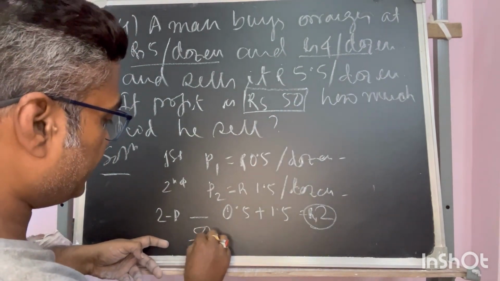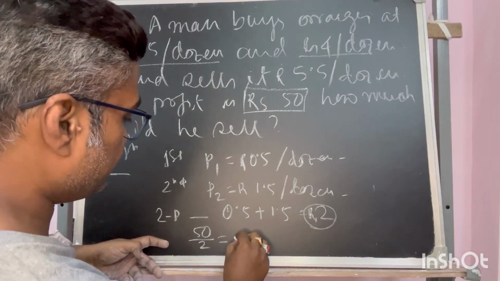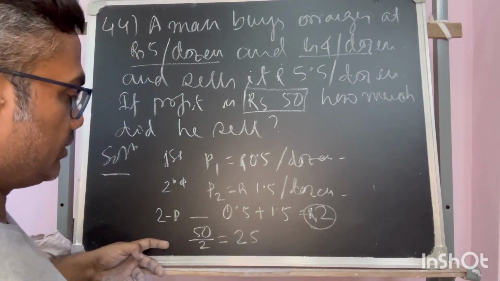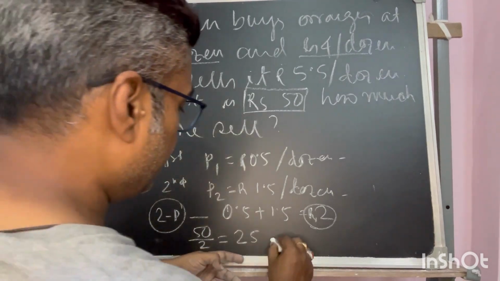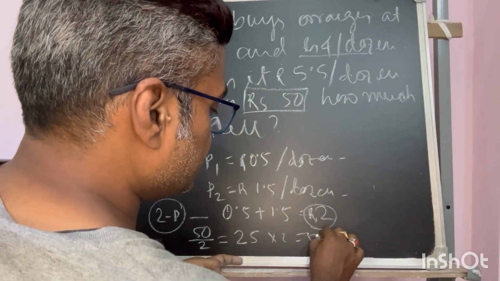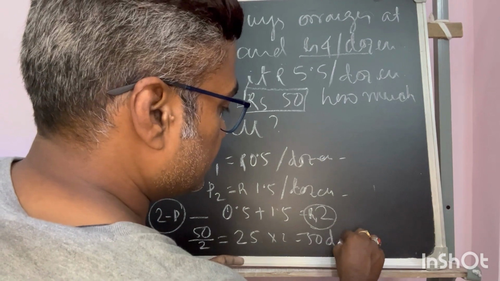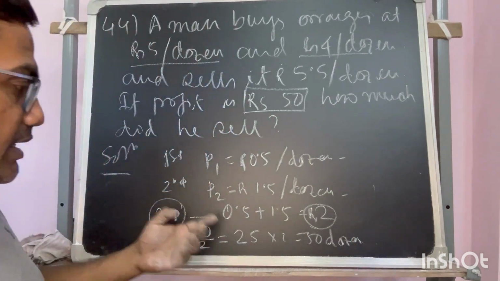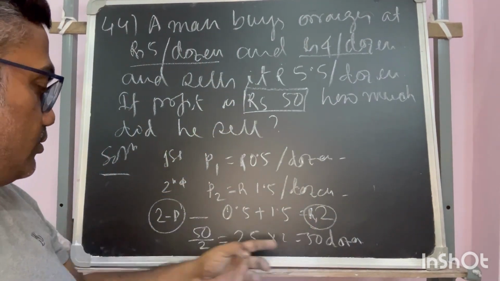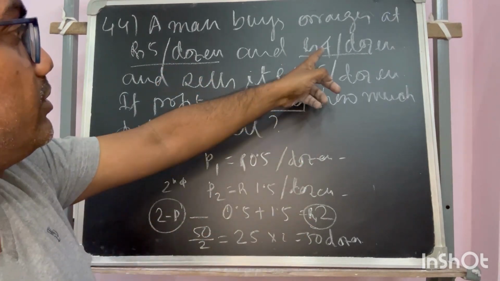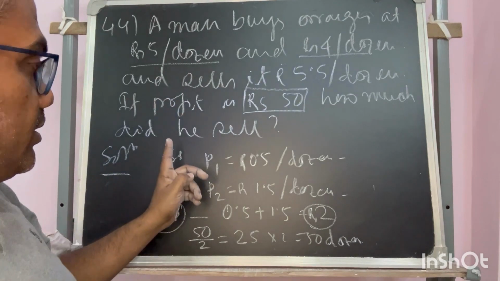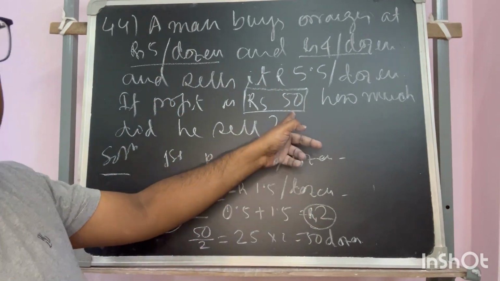If I divide 50 by 2, it comes to 25. So 25 into 2, that means 50 dozen he is selling. This is the answer. It can be broken down into 25 dozen of the first kind and 25 dozen of the second kind. If he sells them, he will definitely get 50 rupees.